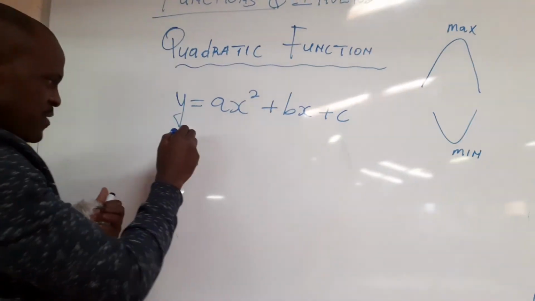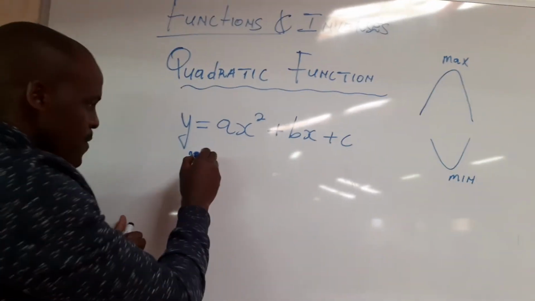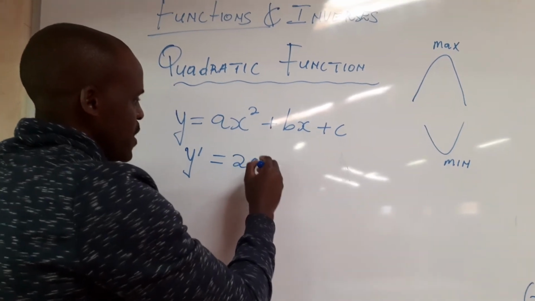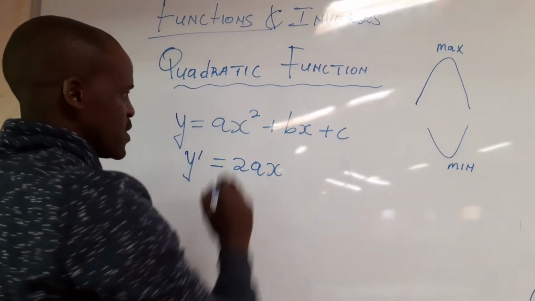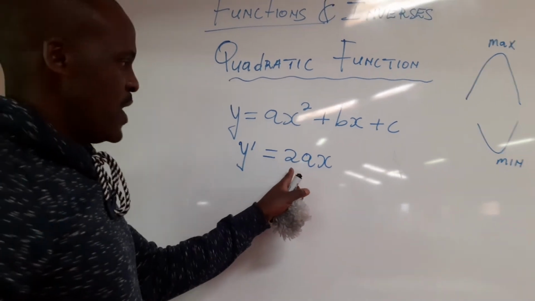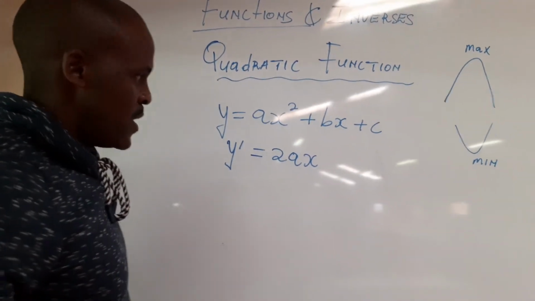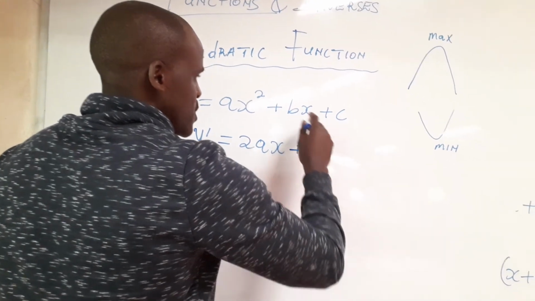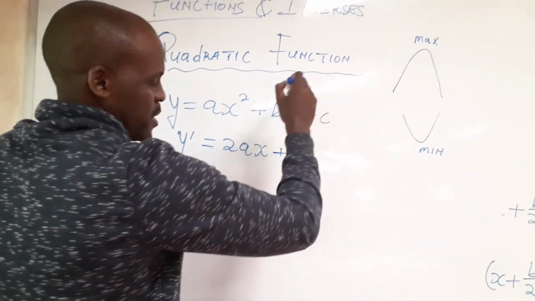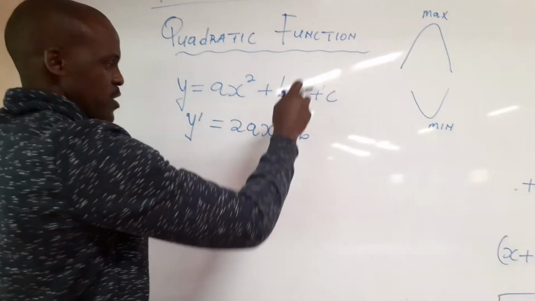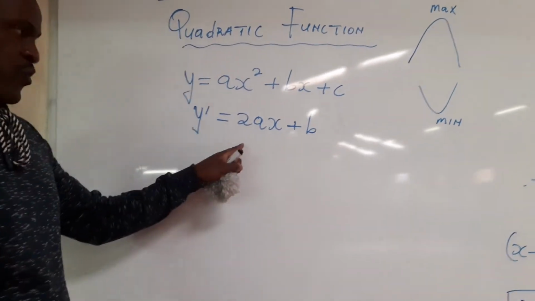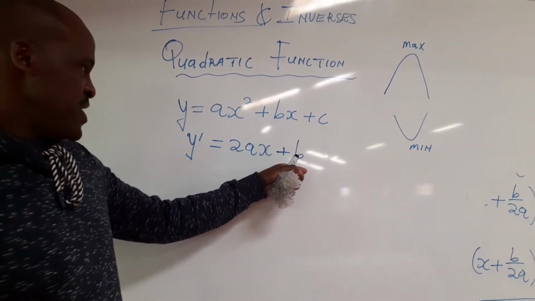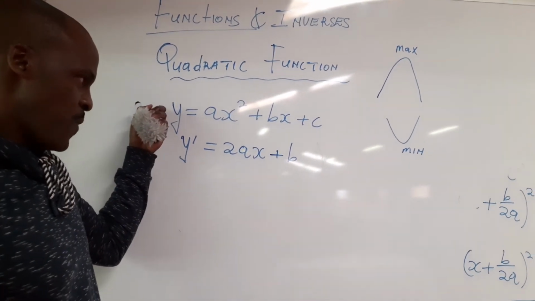Remember, we derive: 2 times a, that is 2a, we subtract 1 up there, that will be 2ax. 1 times b is b, so it's x exponent 1 minus 1, which is 0, x exponent 0 is 1. That's what we have. This is the gradient of a tangent to the function of y.